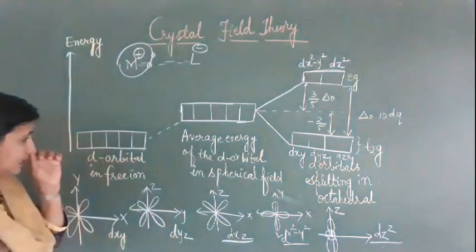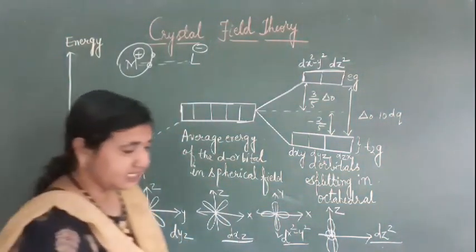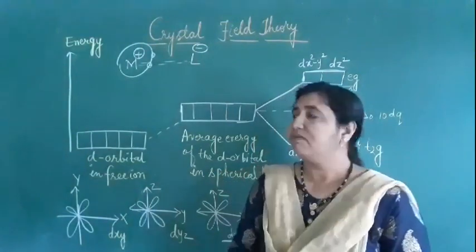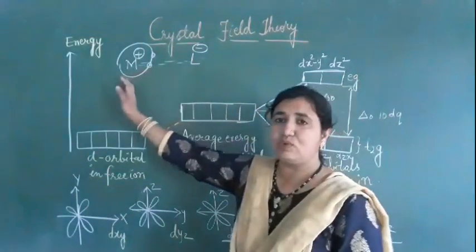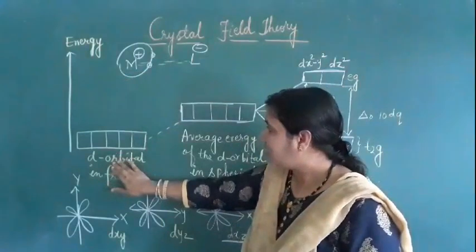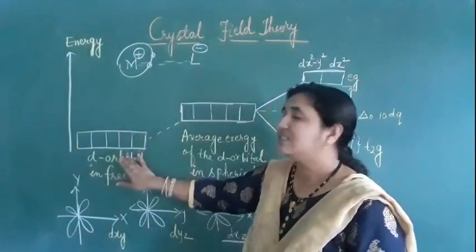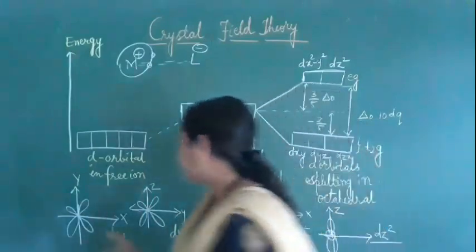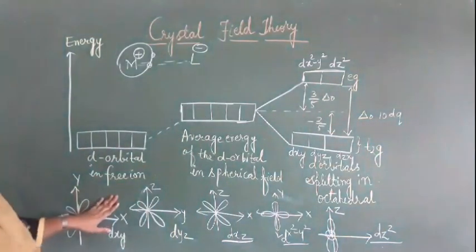So in crystal field theory, what they said is that when the ligands approach the degenerate d orbitals, these orbitals lose their degeneracy. Why will they lose their degeneracy?